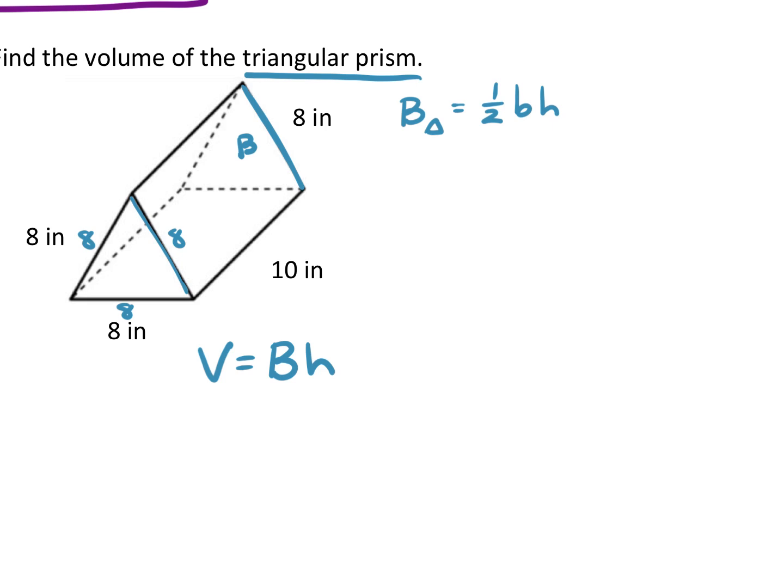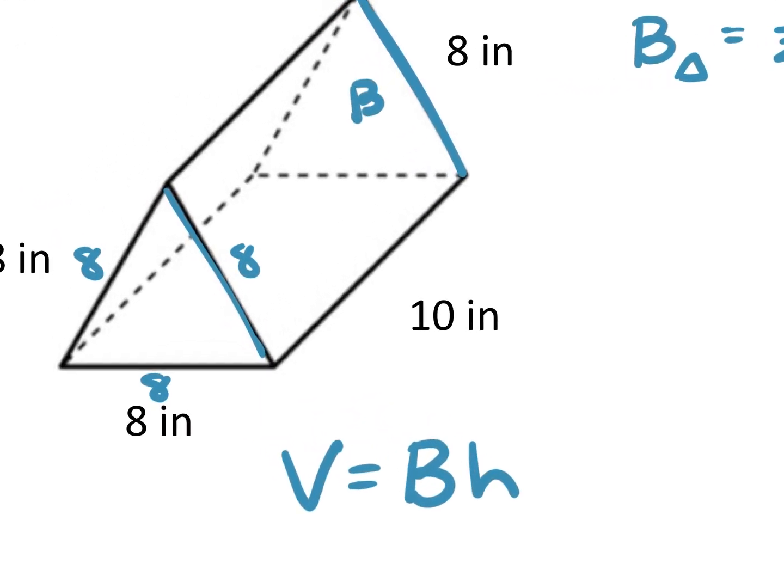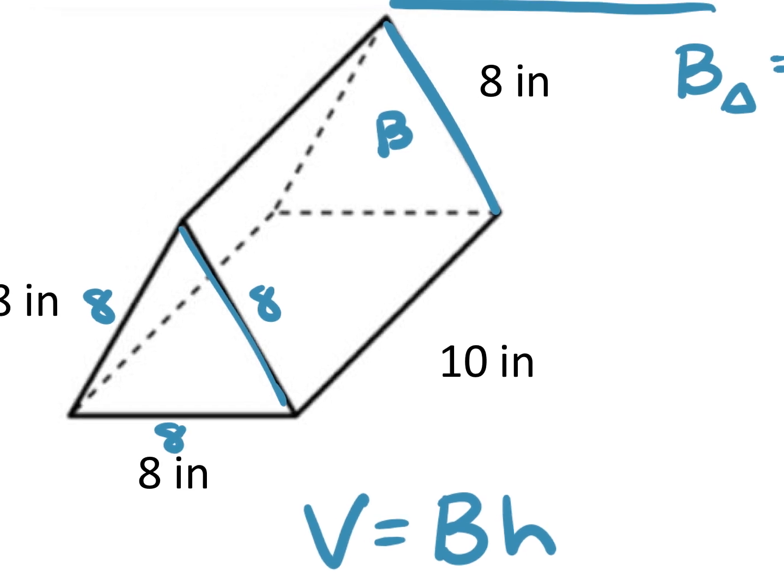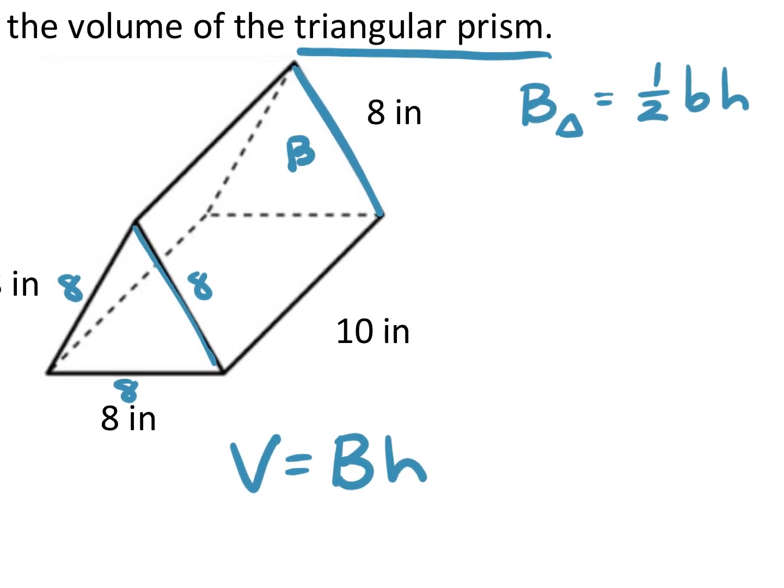Tell me some things you know about an equilateral triangle. Equiangular, yes. So if this is equilateral, it's also equiangular. What does that mean for all my angles? 60, right? It's 180 degrees and they're all equal, so divide by 3. So every angle is 60.